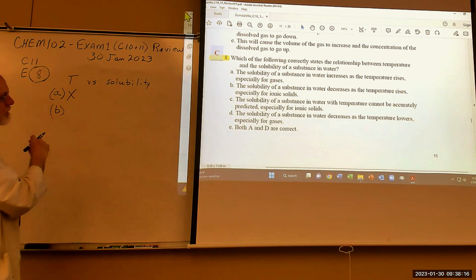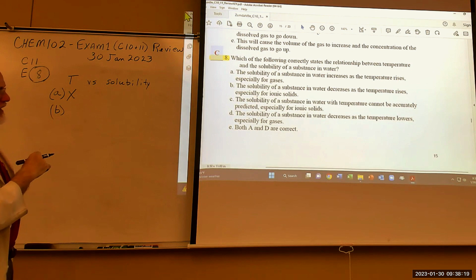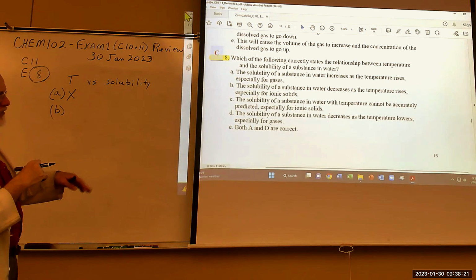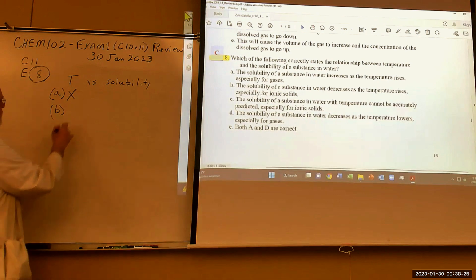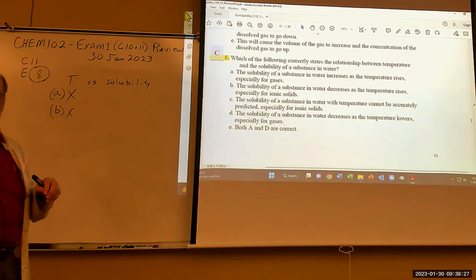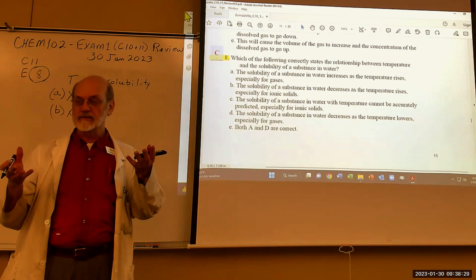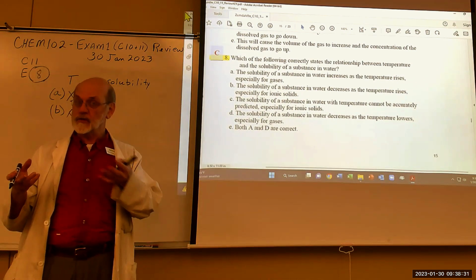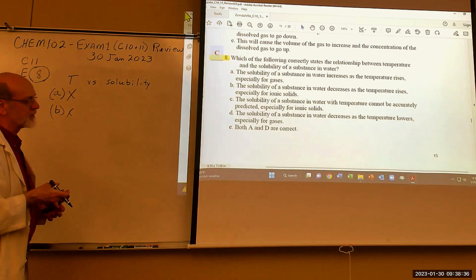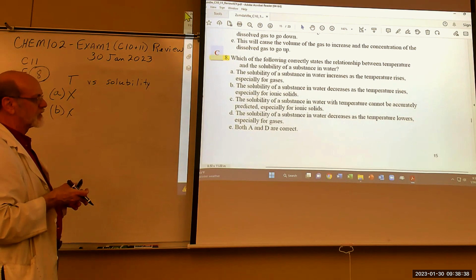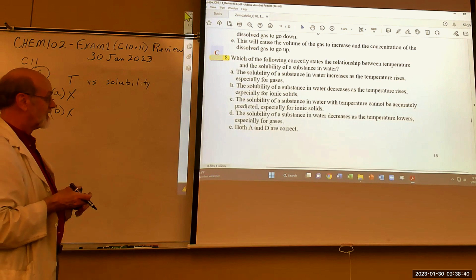How about B? The solubility of a substance in water decreases as the temperature rises, especially for ionic solids. Well, generally speaking, solubility of ionic substances increases with the temperature increase. There are a few exceptions. The solubility of a substance in water with temperature cannot be accurately predicted, especially for ionic solids. That is true.